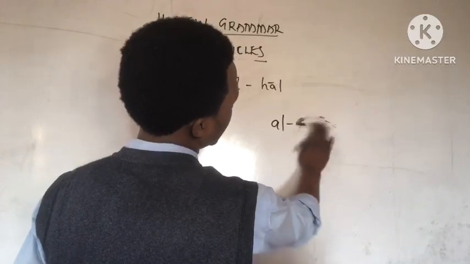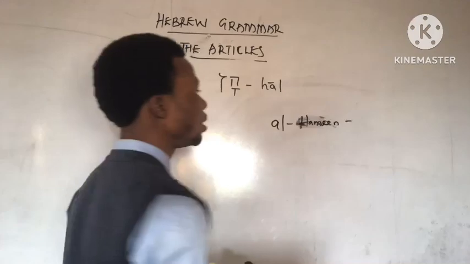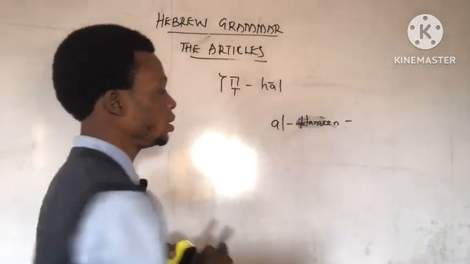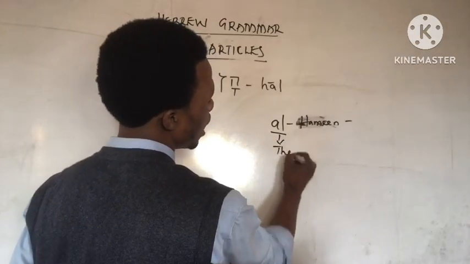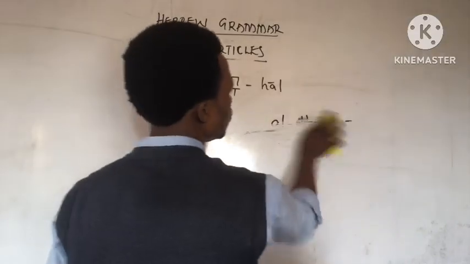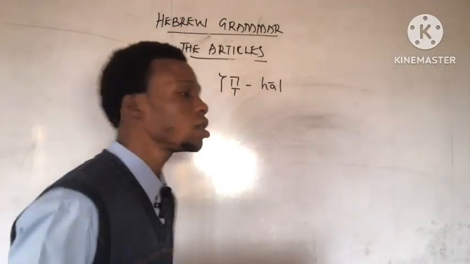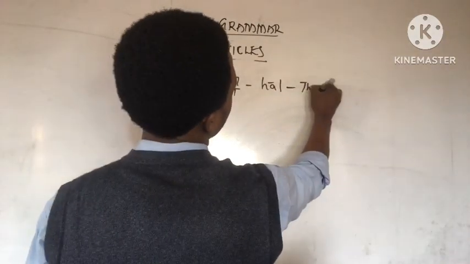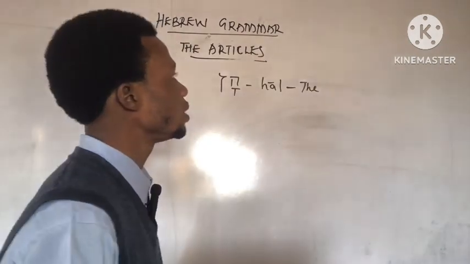The word al there represents the, in Arabic. Same thing, bringing this to the Hebrew language, this represents the definite article the.